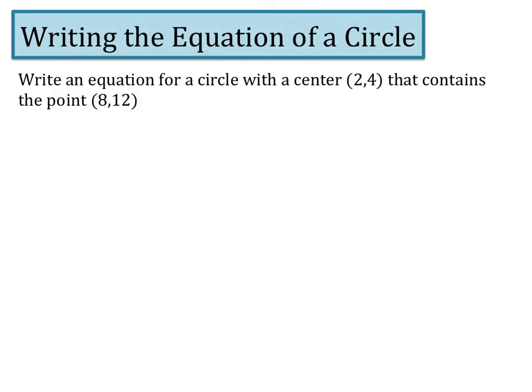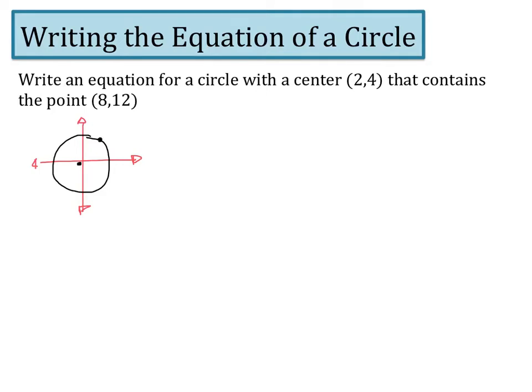So in this next problem, we're writing the equation of a circle, but we're given the center and one of the points on the circle. So I won't draw exactly this graph, but this is basically what we're being given. So we have our y-axis and our x-axis, and we have some circle, and we're given some center and one point on the circle.